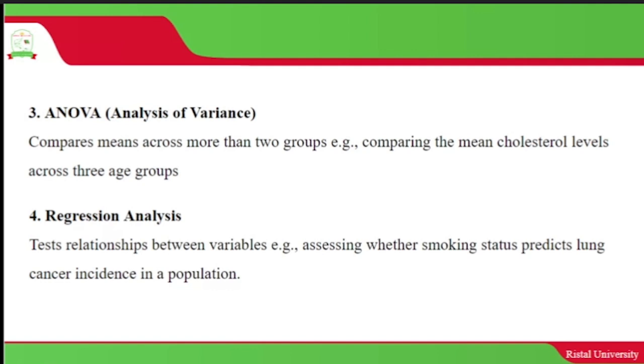So, for example, assessing whether smoking status predicts lung cancer incidence in a population. So, those are some of the common hypothesis tests that are used in public health, and many more. If you want to delve deeper into statistics, you can get to understand many more of these tests.